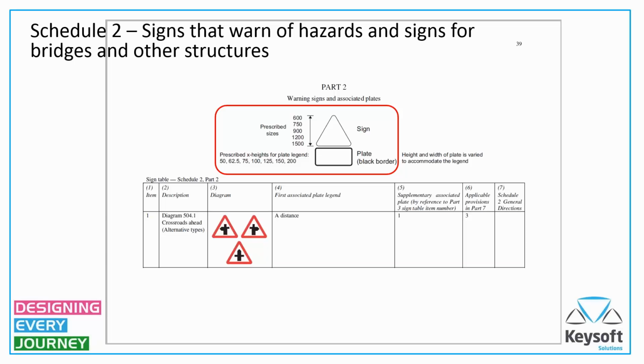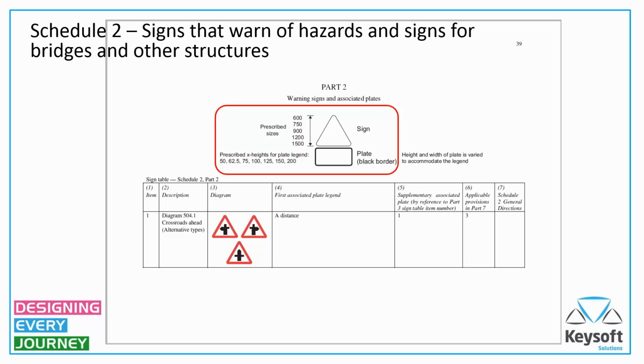So we've got the 5 sign heights for the triangle there, and I think it is 6 heights for the legend, for the X height there. And obviously you choose an X height to make sure that depending on the legend on the supplementary plate, you would make sure that the plate itself is of a commensurate size to the warning sign. So just hold that thought in mind.